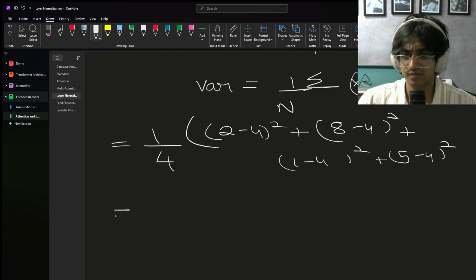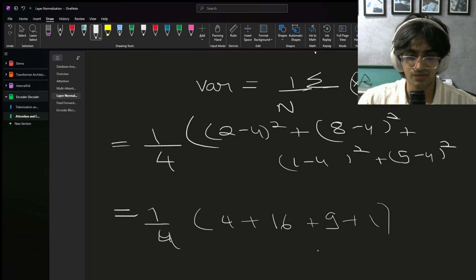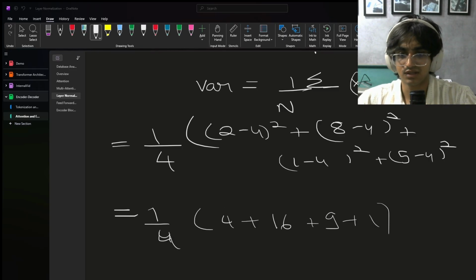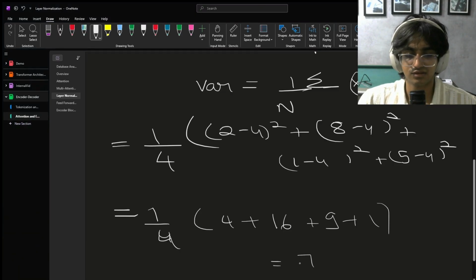So if I'm not mistaken, this should end up being around, let me just verify. You know what? Let's just do this ourselves. So it's going to be 1 over 4 times (4 plus 16 plus 9 plus 1). Sorry about that. So that's 30 over 4, which is 7.5.